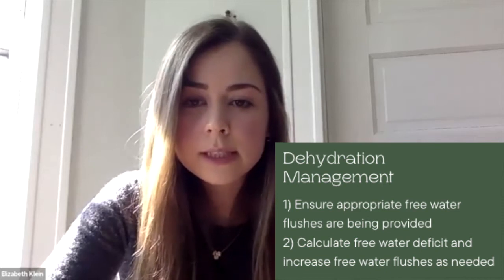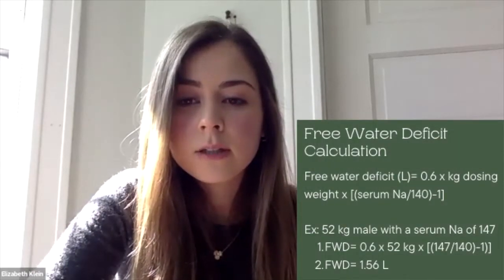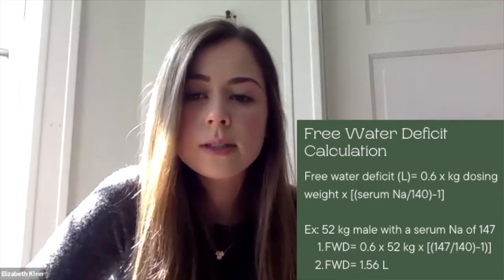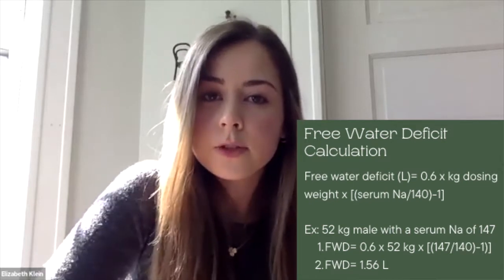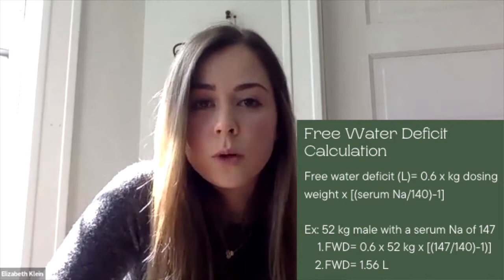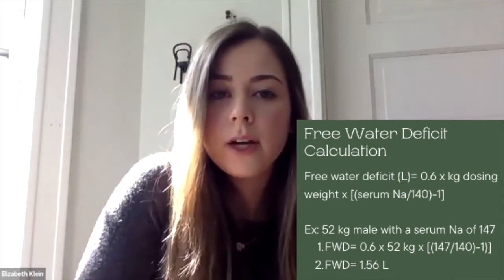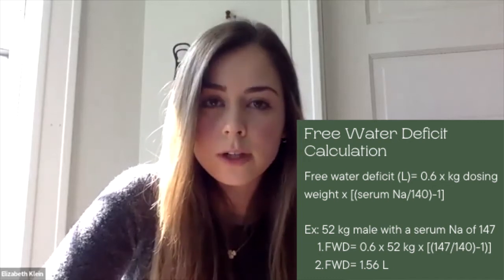And so you'll see over here, I have the calculation written out. So essentially what you're doing is taking where their serum sodium is right now. So let's say it's 147, and then you divide it over a normal or your goal sodium, which is 140.